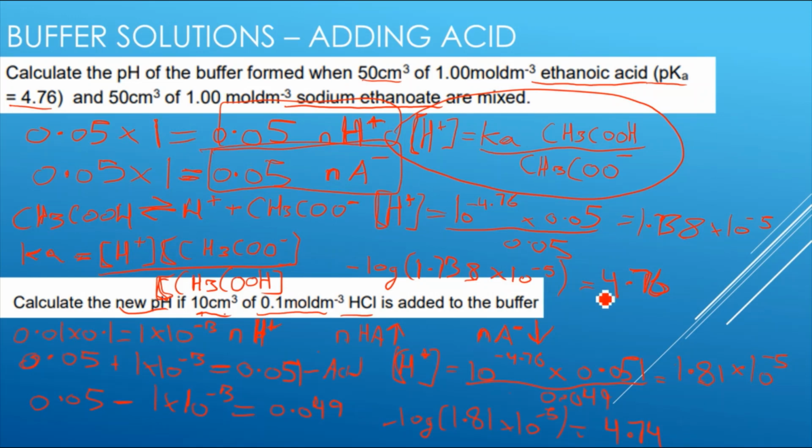So you can see that this isn't a big change. This is just a tiny change.